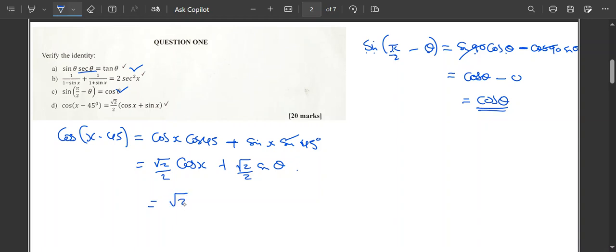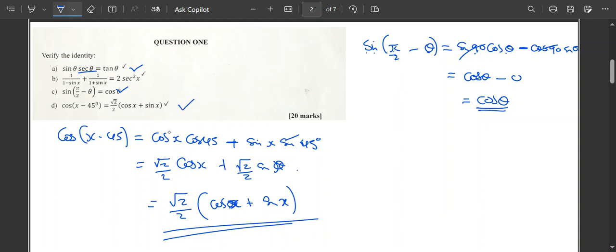I can just factorize the common term, so we have root 2 over 2 times cos x plus sine x. Let me write the same x. So this is what we are supposed to do, and you have shown.